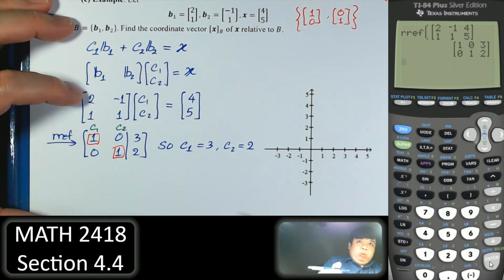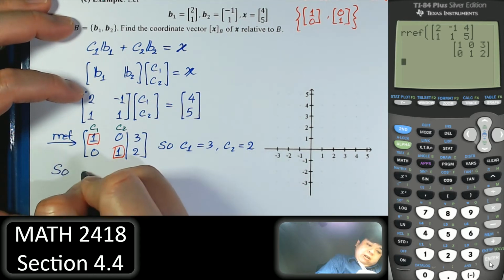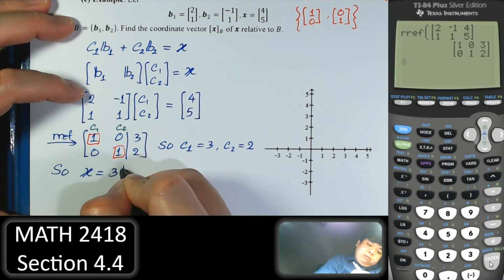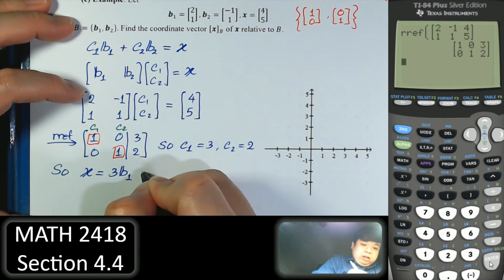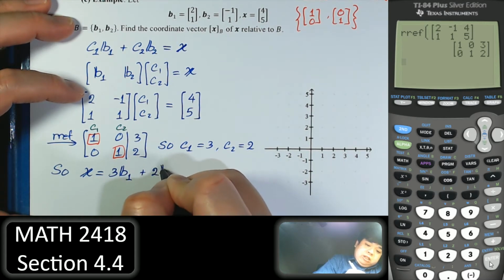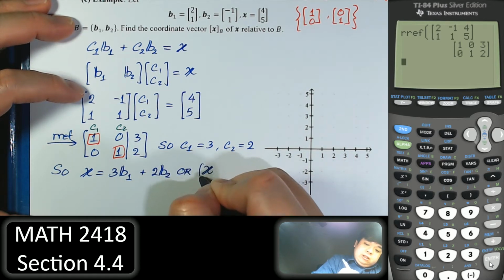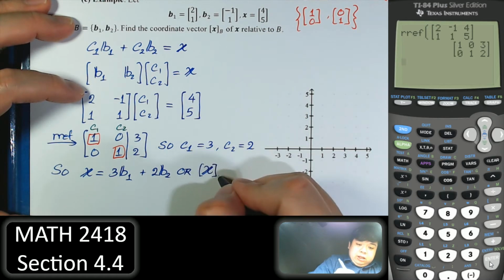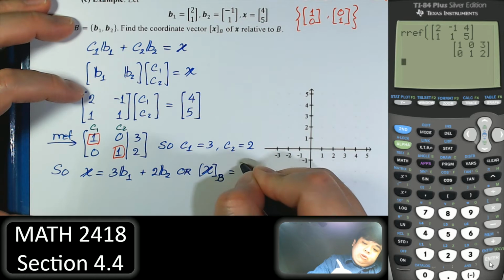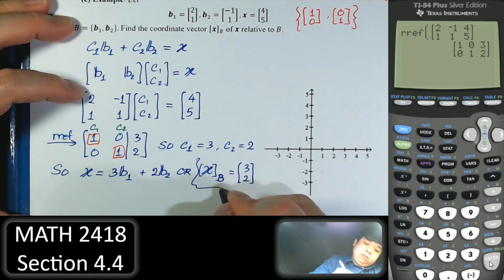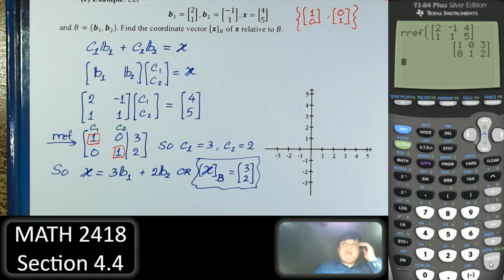And we write vector x is equal to 3 times vector b1 plus 2 times vector b2, or we can say x in B coordinates is equal to 3 and 2. That's what we have. Now let's draw it out.